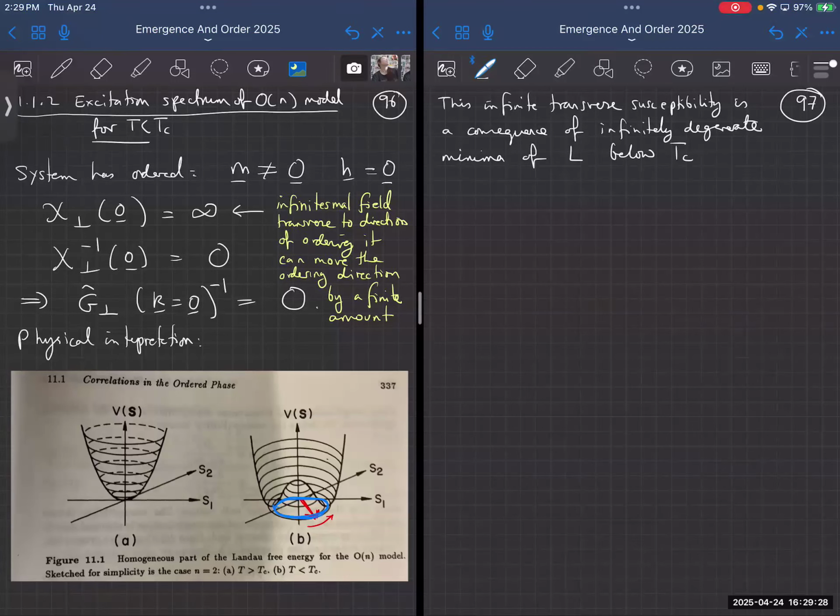Not true above TC. When you're above TC, you have the picture on the left, and there's only one minimum at S equals 0. But while I'm below TC, then I have this infinite degeneracy.